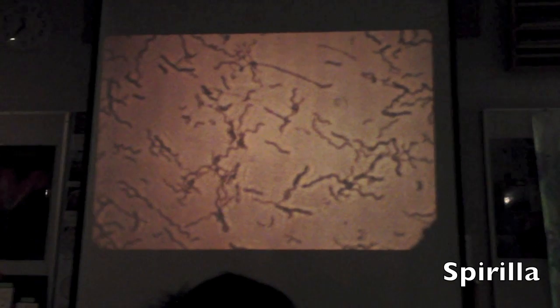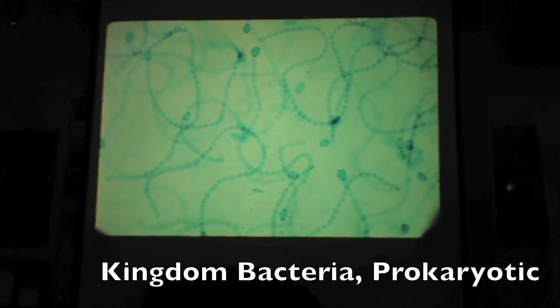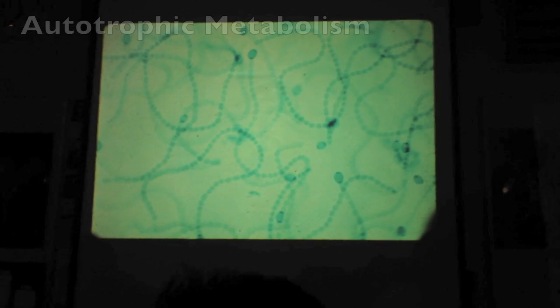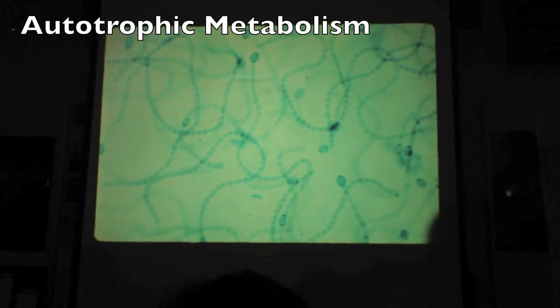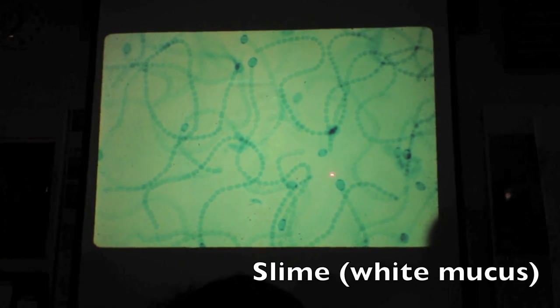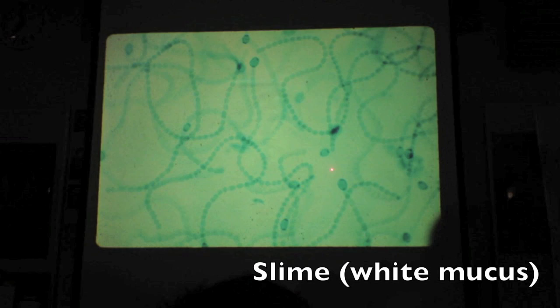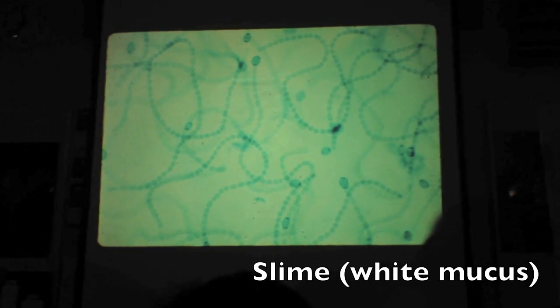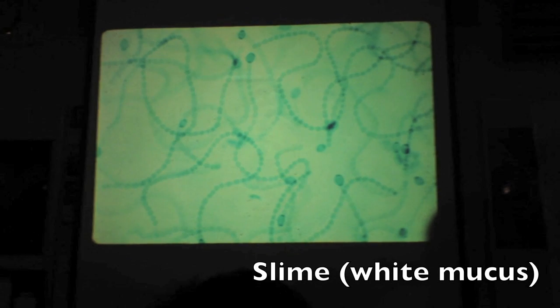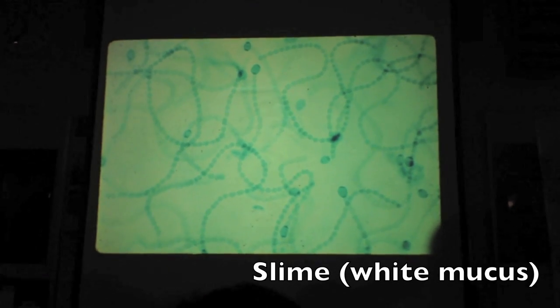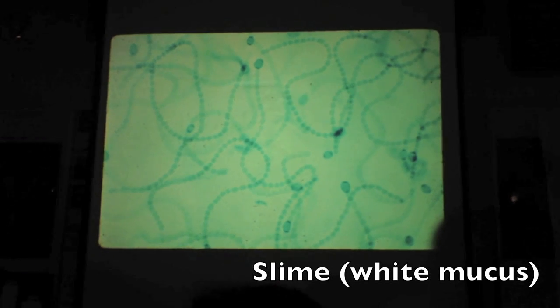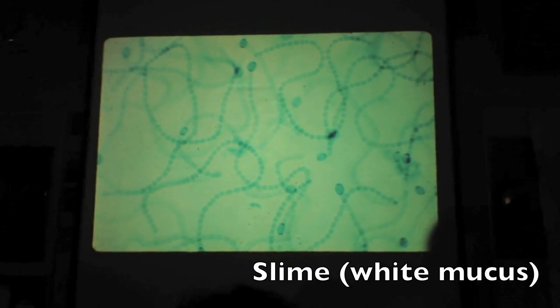What type of metabolism does this one have? Autotroph. Okay, and what's this bluish green stuff in the background? Mucus. Slime, slime sheet, slime coat, mucus coat, anything like that. Okay, I think that's good enough for that one.